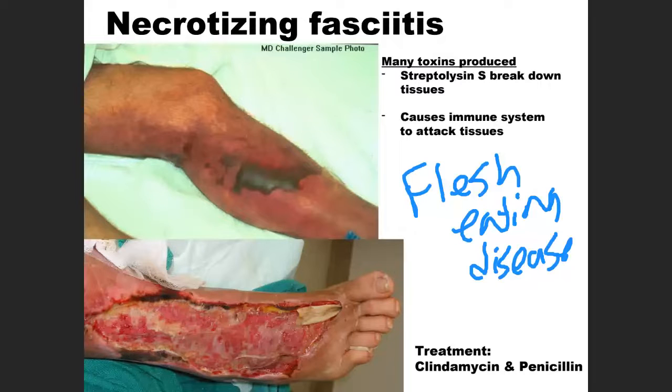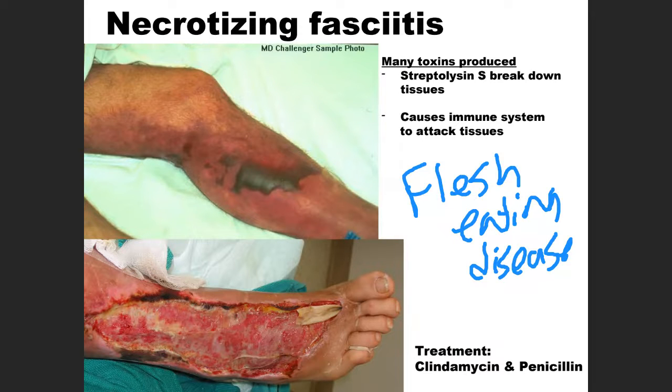This could happen, let's say, if a person has a cut on the skin and Streptococcus pyogenes invades the wound and can spread and cause widespread damage, or it doesn't even have to be a wound in the skin. It could be a person that has strep throat, just in their pharynx, and it spreads into the blood, and then the blood carries it to the skin, and this can cause this.